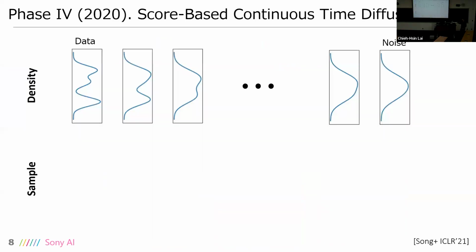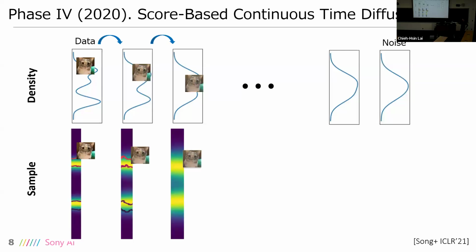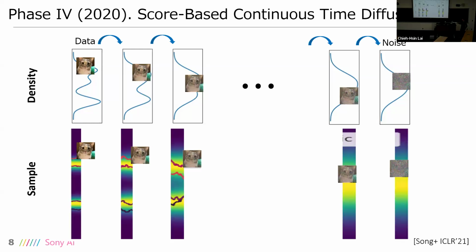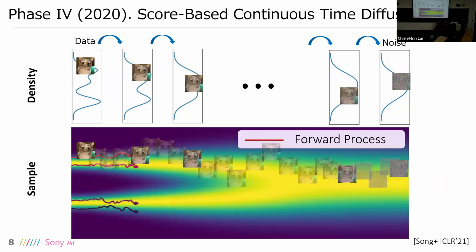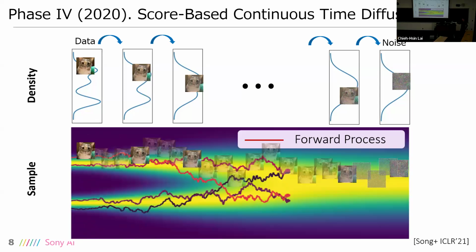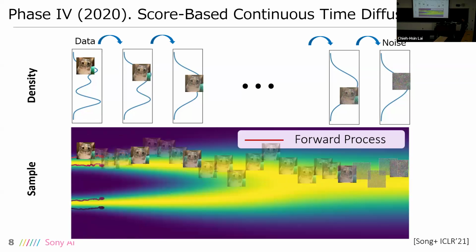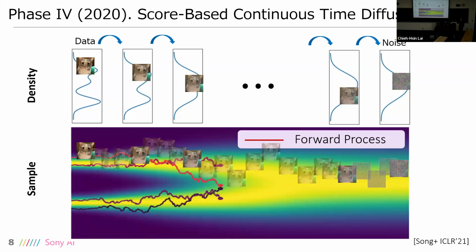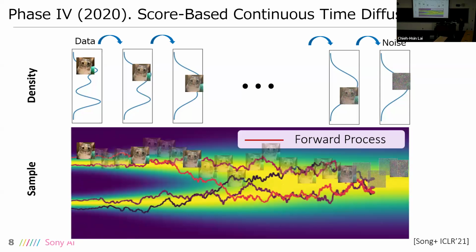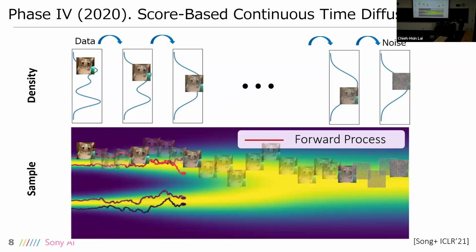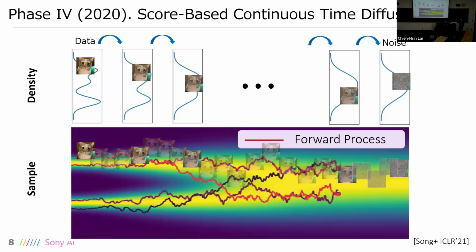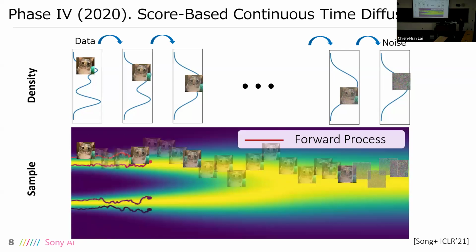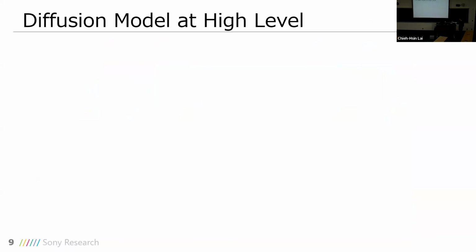But in principle, if we prepare infinitely many noise levels like this, in continuous time, it just becomes a stochastic process. So this is the high level idea of the diffusion model. We prepare multiple levels of noise and inject them into our data as a forward process. And we learn to do the reverse process, which is for generation.